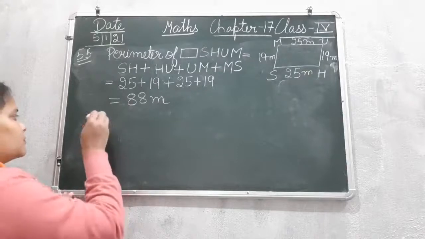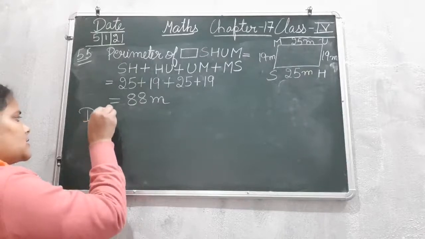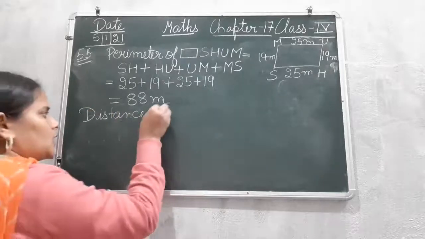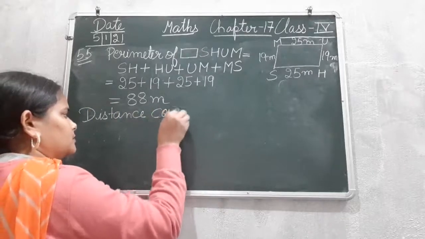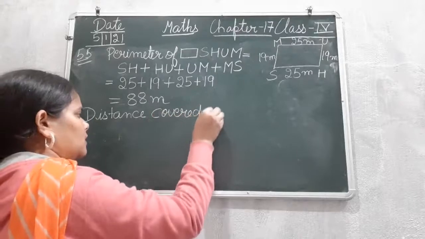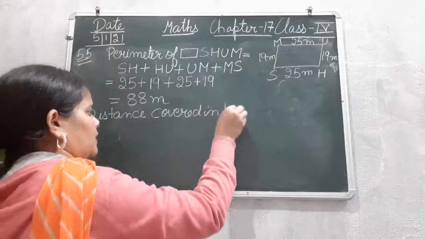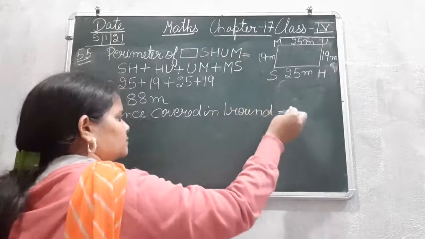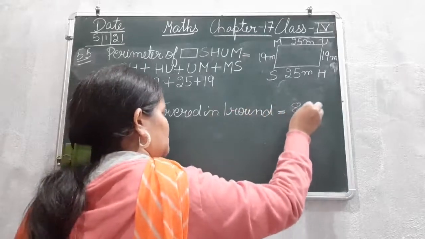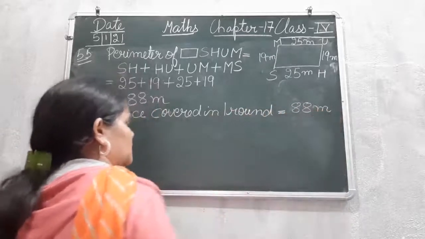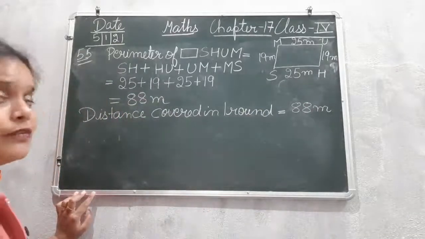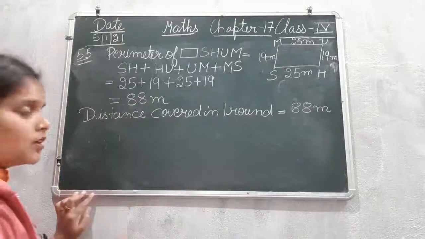That is, distance covered in one round is equal to 88 meter, and we have to calculate the distance covered in 3 rounds.